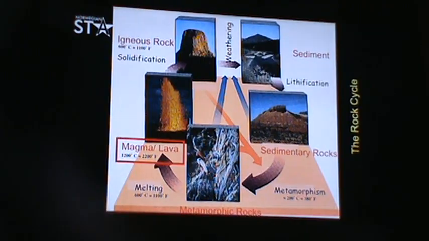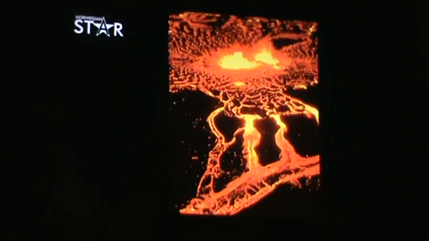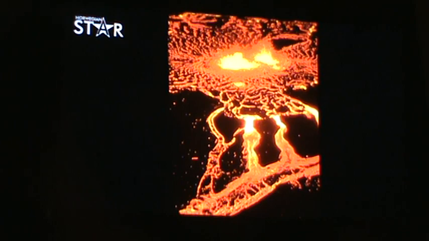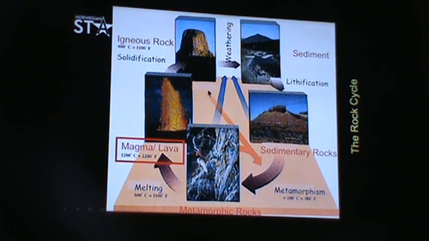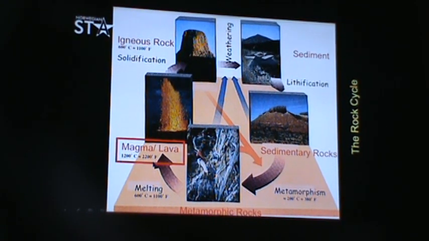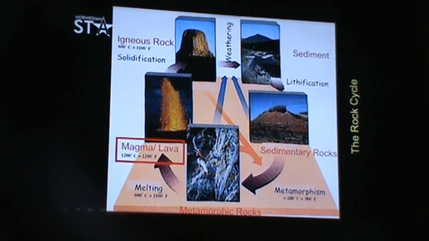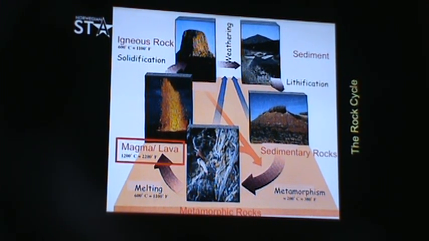Okay. So what I've tried to do is take you through what is known as the rock cycle. We start with magma. We cool the temperature from 1200 Celsius, 2200 degrees Fahrenheit, gradually cooling it, solidifying it to igneous rock down at around 600 degrees Celsius. And the last common mineral to crystallize is quartz.